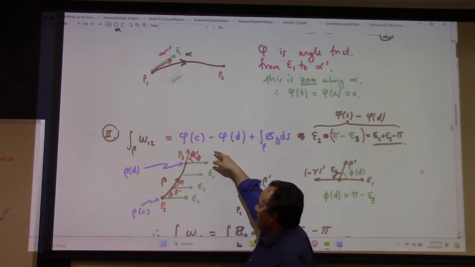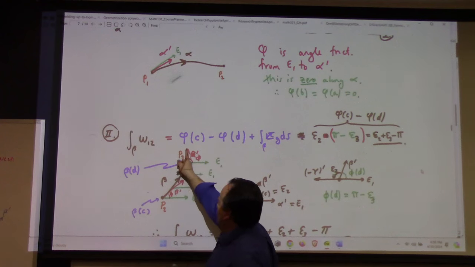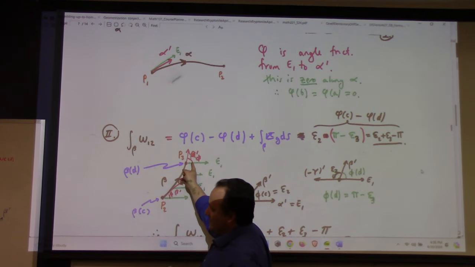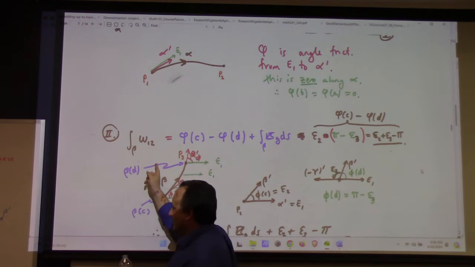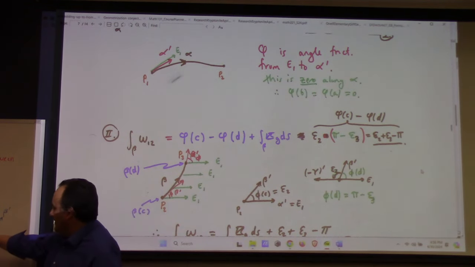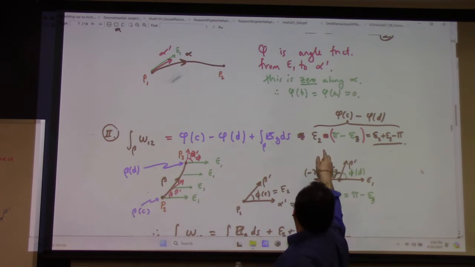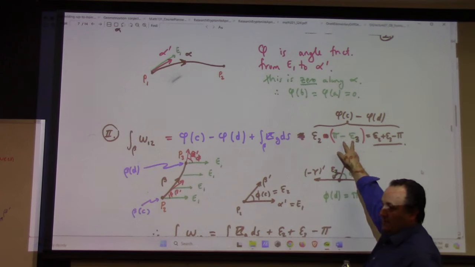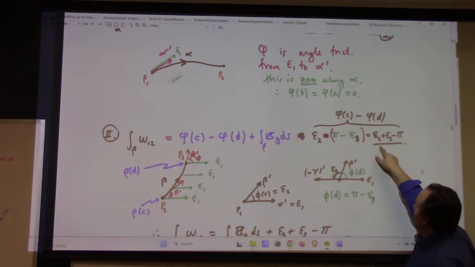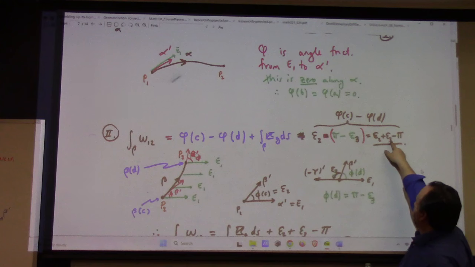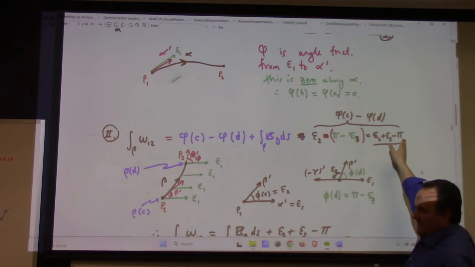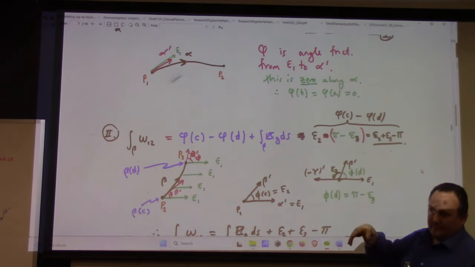And then the angle between E1 and beta prime up here is not epsilon 3, but supplementary to epsilon 3. So we need pi minus epsilon 3 for that angle. Phi of D is pi minus epsilon 3, like I wrote there. So that gives us epsilon 2 minus, minus is a plus, minus pi. That's the integral of omega 1, 2 on that segment. All right.